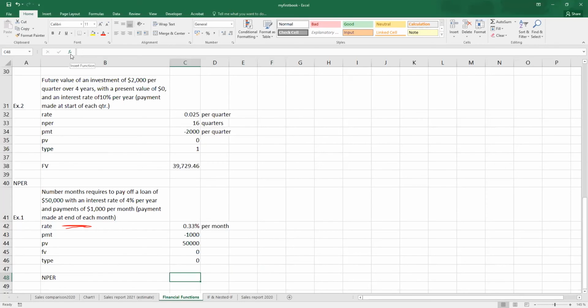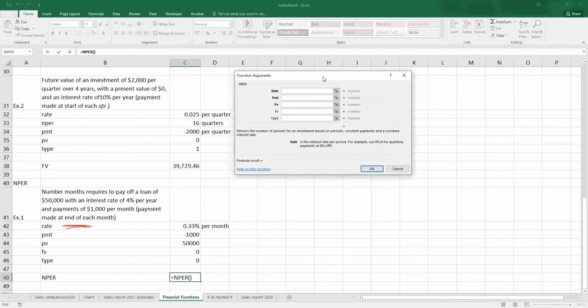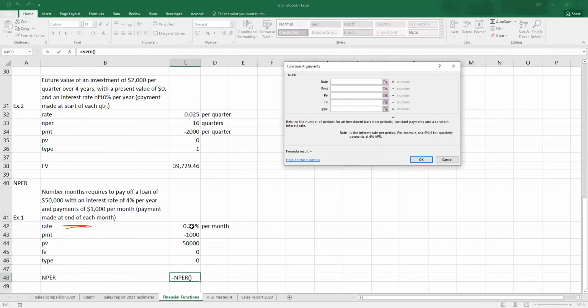In this one I do the same thing. I just go to type NPER function, and then I just click OK. Then I enter the rate, PMT, PV, FV, and type.